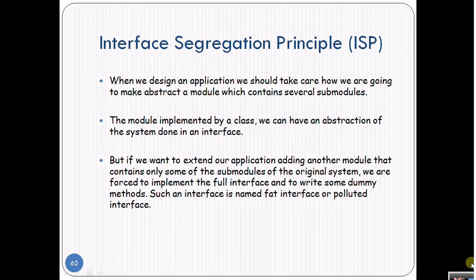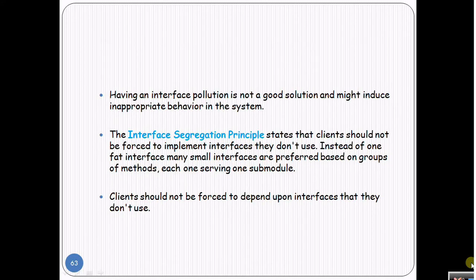Interface segregation principle. When we design an application, we should take care how we are going to abstract a module which contains several submodules. For the module implemented by a class, we can have an abstraction of the system done in an interface. Having a single interface solution is not a good solution and may induce inappropriate behavior in the system.